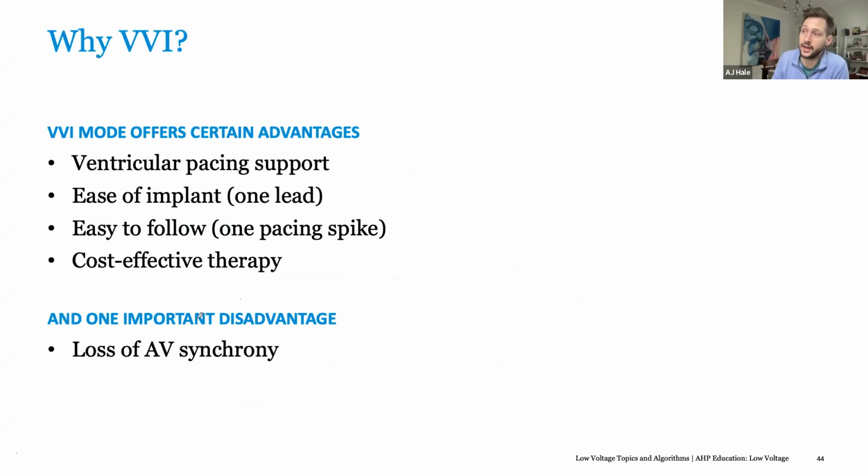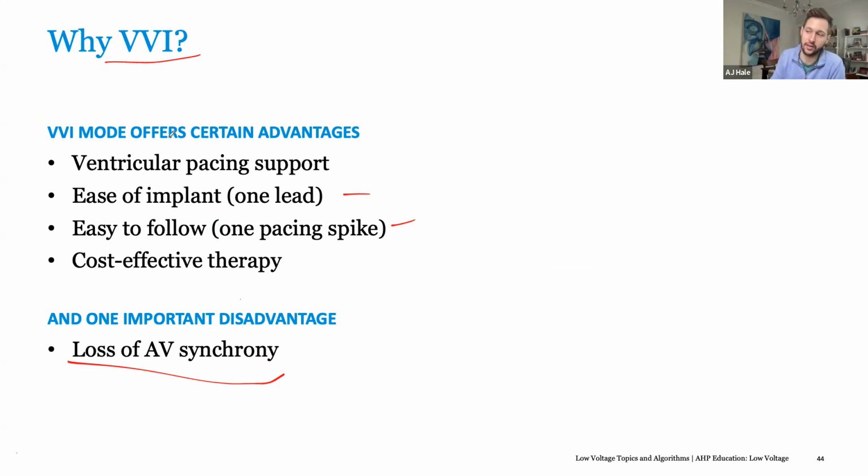So why VVI? It's one lead, only one pacing spike to keep track of. It's really straightforward. It's pretty cheap to implant, but one of the big issues is loss of AV synchrony. So if they have a functional atrium, a VVI device is probably not optimal unless it's one of those patients that are just going to have an occasional drop in rate and we just need very, very intermittent pacing support.